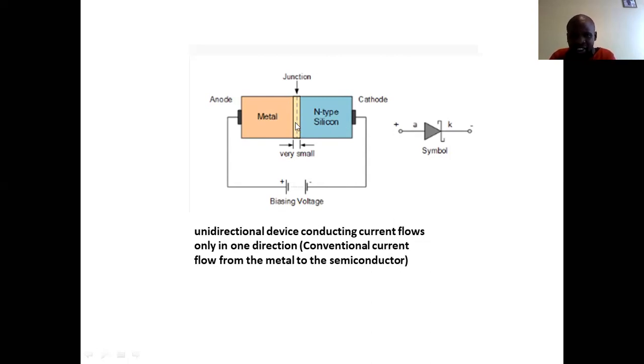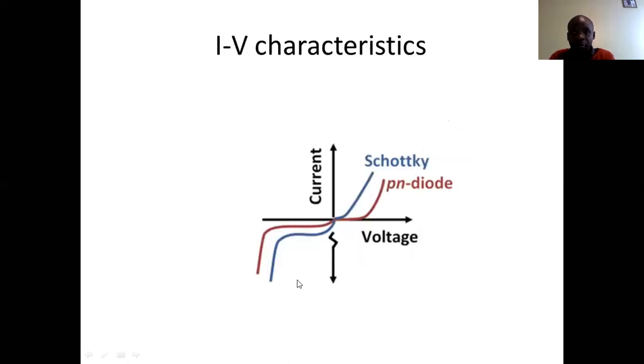Now, our potential barrier here is very, very narrow. That means just by giving it a very small forward voltage, it can go into a conducting mode. If you look at the current-voltage characteristics of the Schottky diode, as opposed to our usual PN junction, the PN junction's forward voltage is slightly higher than that of the Schottky diode.